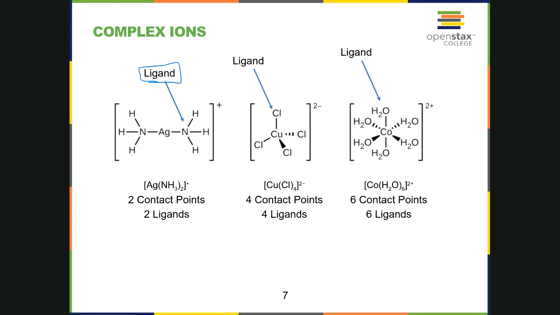The silver started with 1 positive charge, the complex ion still has one positive charge. Now, to sort of understand what this structure is looking like, you've got your nitrogen attached to 3 hydrogens.